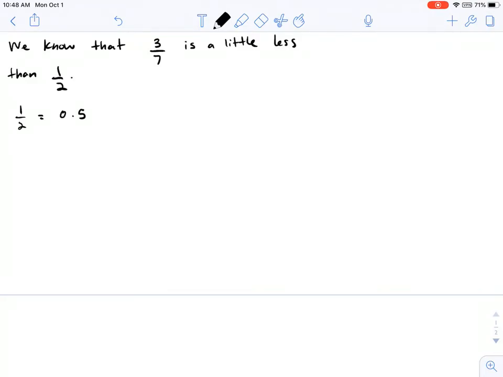So if you know your perfect squares, you would know that 49 would be a perfect square since 7 times 7 is 49. And 0.5, if I take the square root of 0.5, it's pretty close to 0.49.